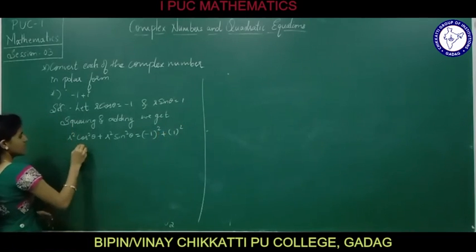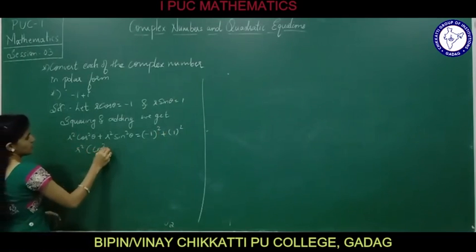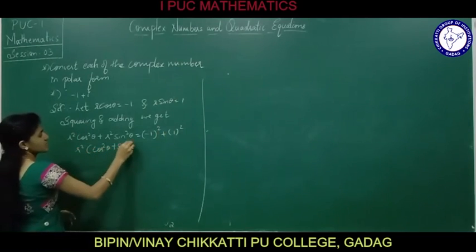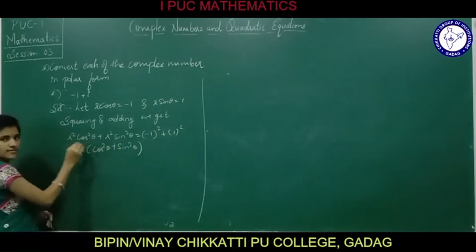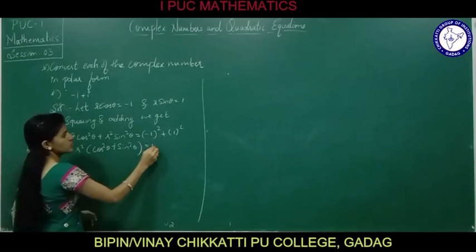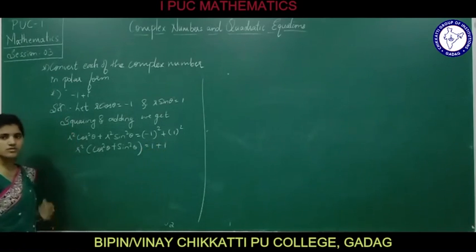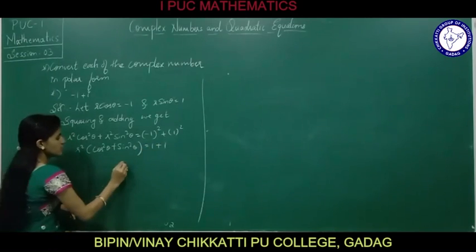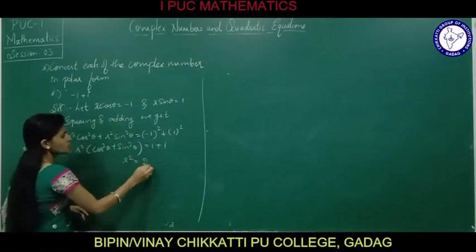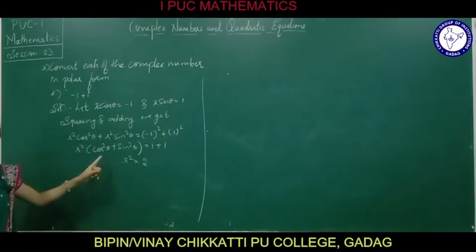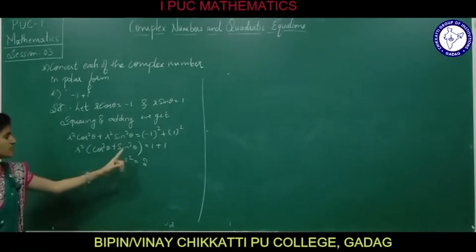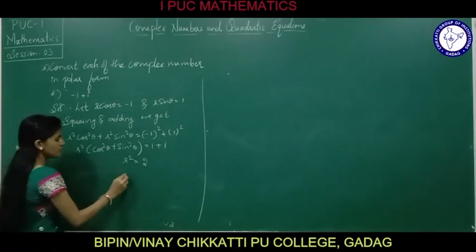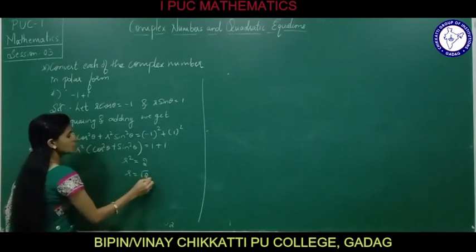Taking r square common, cos square theta plus sin square theta, that will be equal to 1 plus 1, because minus 1 square is again plus 1 itself. Therefore r square is equal to 2.